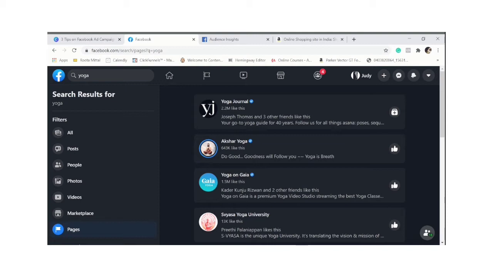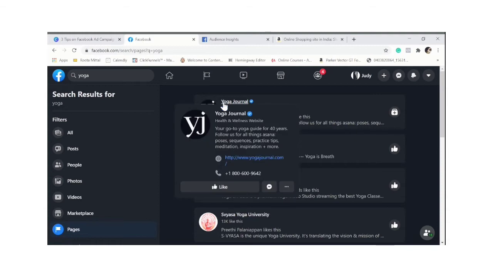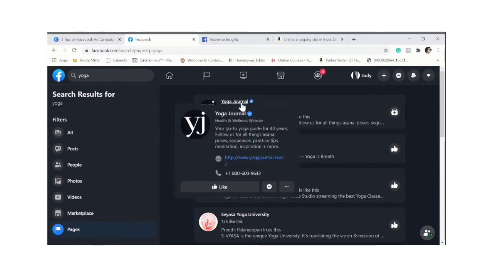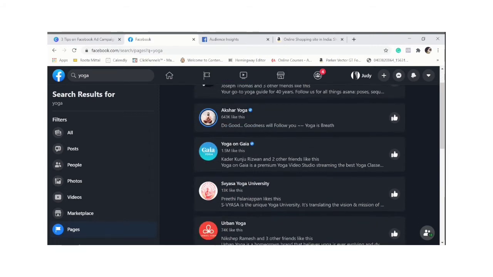So let's understand now, how do you select what are the pages or what are the interests that you need to enter, right? So the first thing, you see this, 2.2 million people like this page, guys. So this is definitely something that I can go for. It is about yoga, it is promoting yoga, so why not? Yoga Journal is definitely a good one.